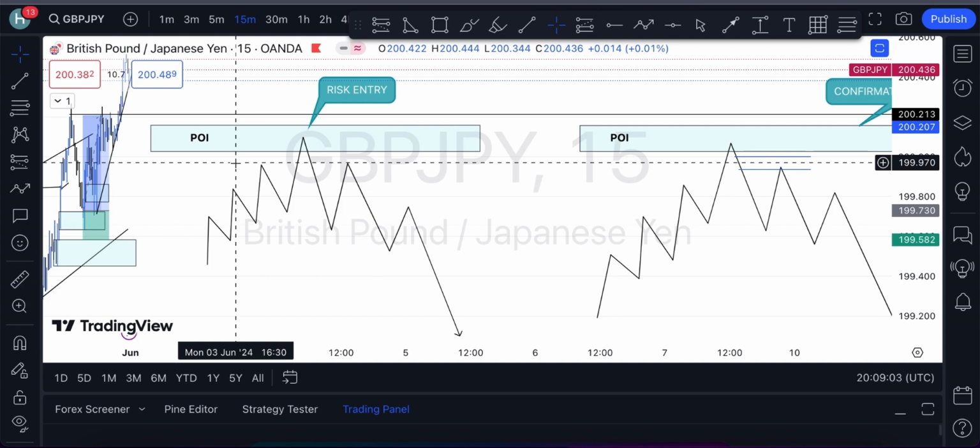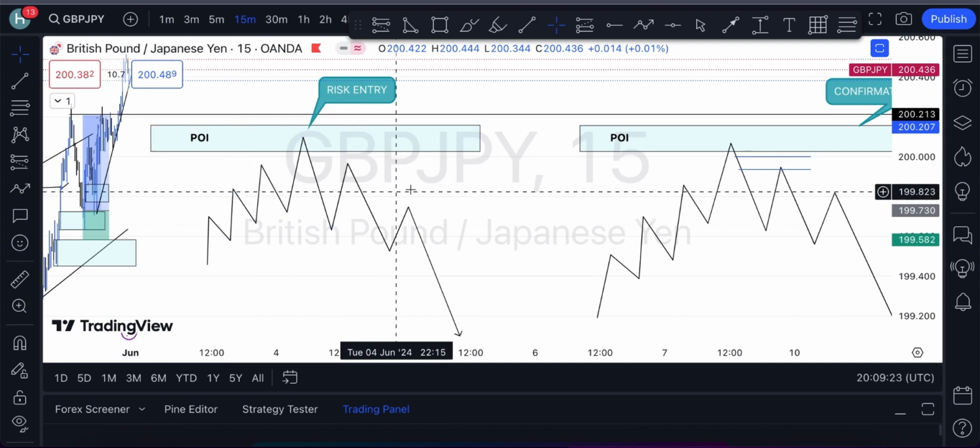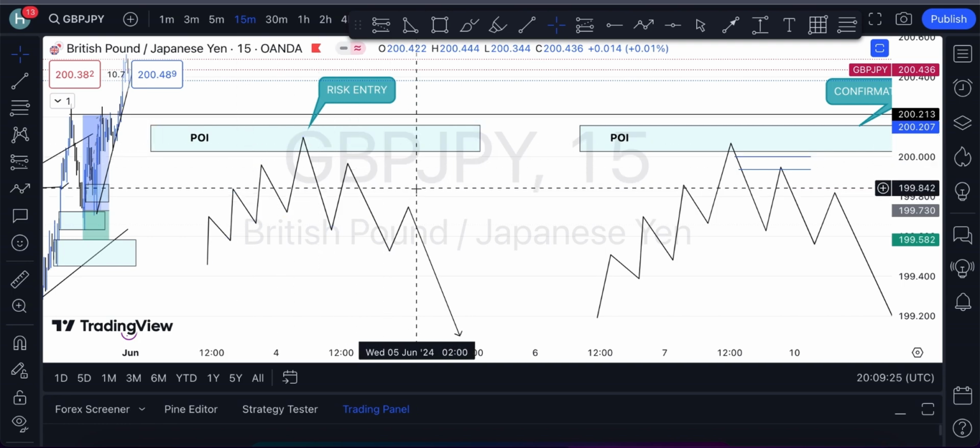This is a part where you actually marked out, expecting that once price gets to that zone, price begins to react, either sell or buy. So most traders actually prefer to go for the risk entry.